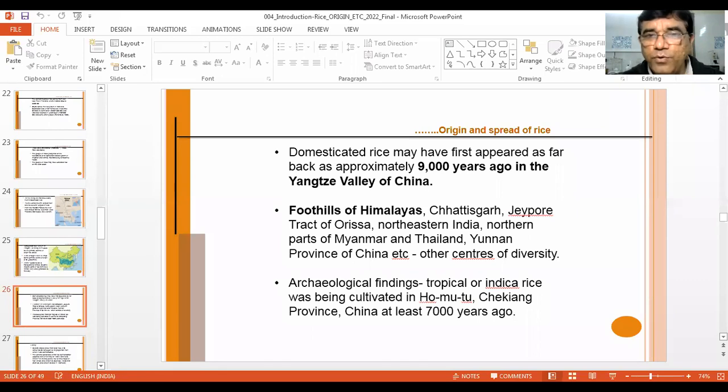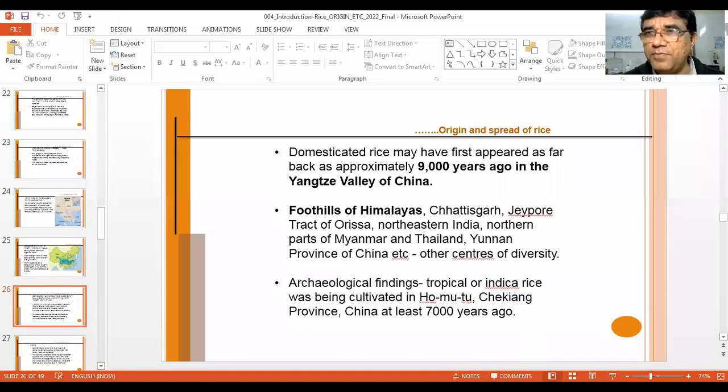Similarly, the foothills of the Himalayas, Chhattisgarh, Jeypore tract of Orissa, northeastern India, northern parts of Myanmar and Thailand, and Yunnan province of China are other centers of diversity. Archaeological findings suggest that tropical or indica rice was being cultivated in Ho Mu Tu, Zhejiang province, China, at least 7,000 years ago. So friends, there are three kinds of rice: Japonica, Javanica, and Indica.